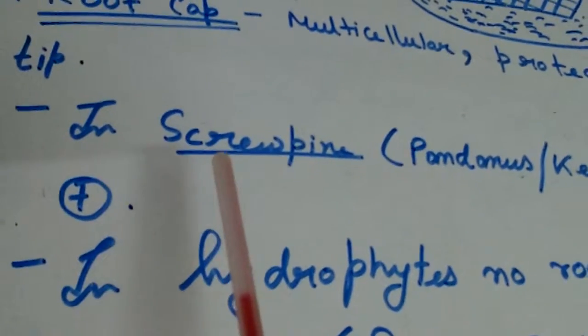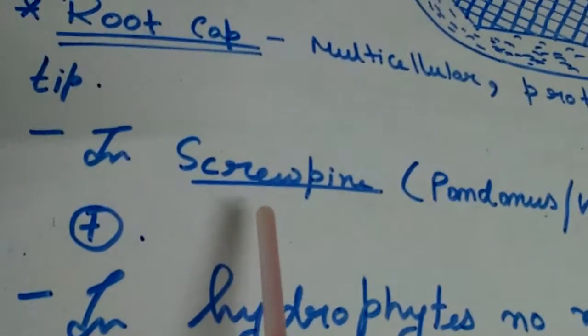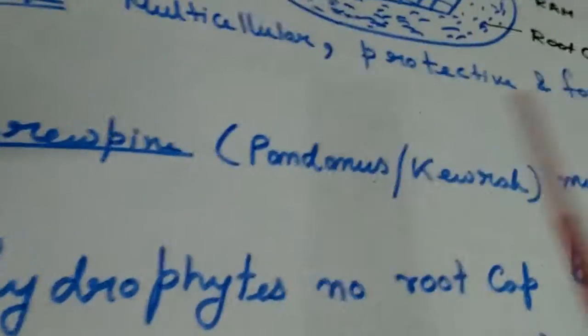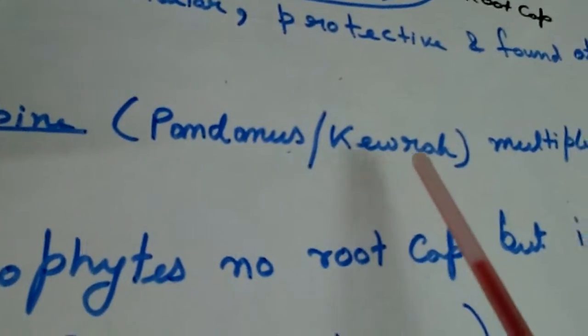This is an exception here: in screw pine, a plant commonly known as Pandanus, or in Hindi Keoda, multiple root caps are present. So this is an exception.